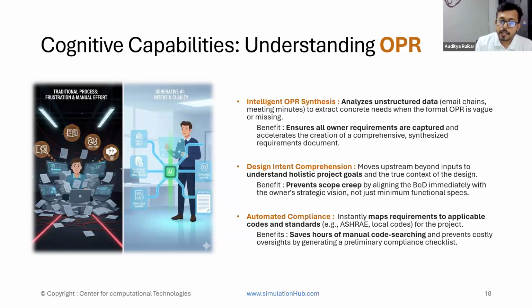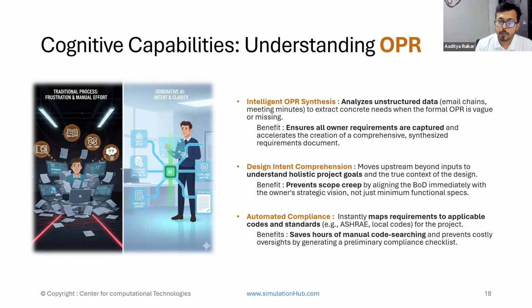Then it can understand design intent from multiple documents. The OPR might be different, the minutes of the meeting might be different, and the email chains might be different. You might also provide the floor plans, because the OPR might not have the full picture of the floor plan. So it can go and understand design intent as well.